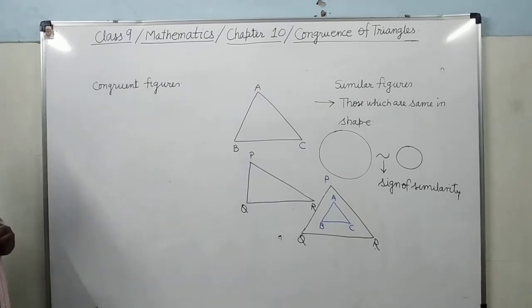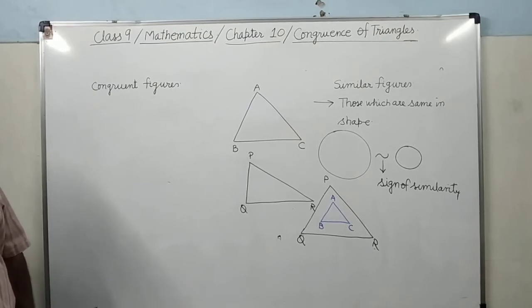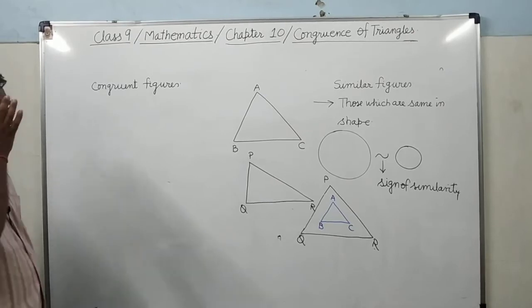So no, they are not same in shape. Here their shapes are different. It's clear? Therefore they are not similar, and they are not equal also. They are not equal, because if they are not same in shape, then there is no question of being equal.